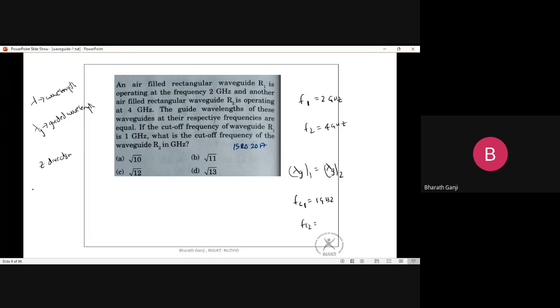In that direction, beta is the phase constant, and if there are no losses, beta becomes the propagation constant.